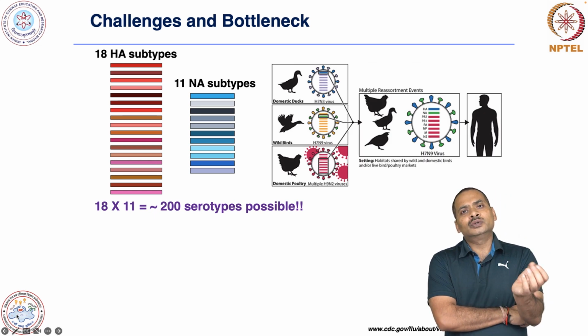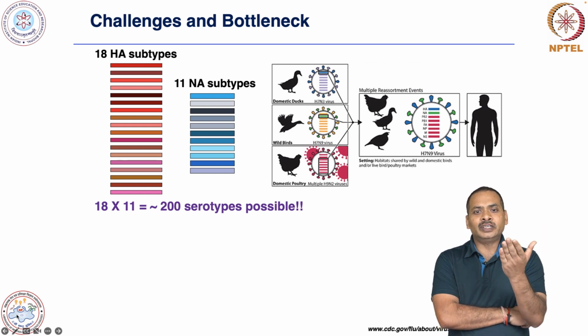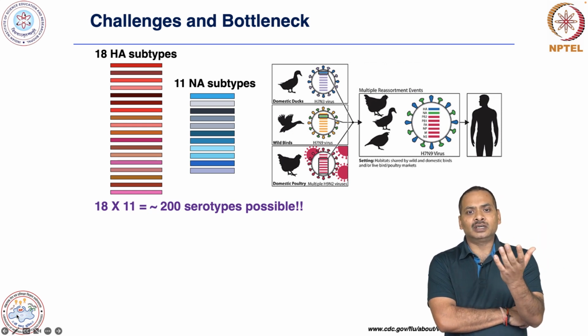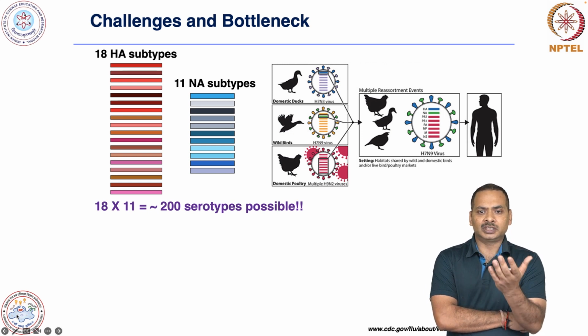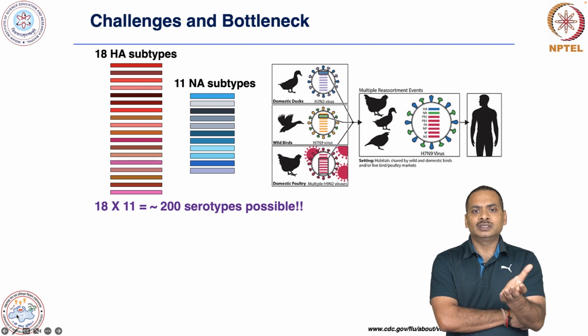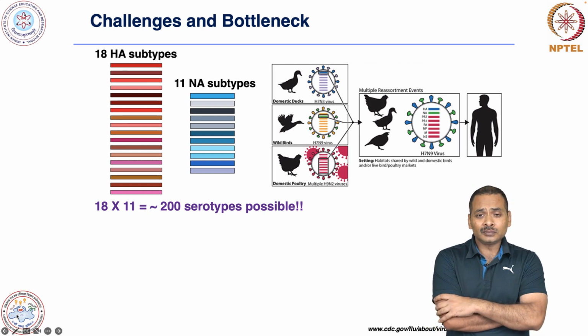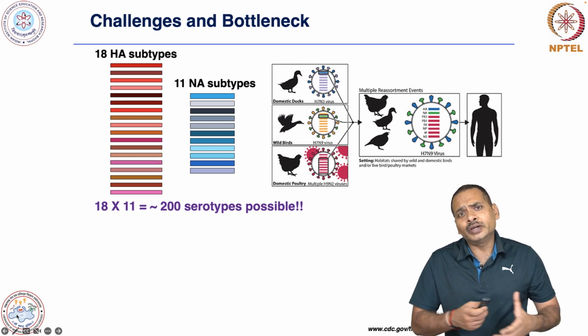And how it is created, here you can see, as I told you, there are hosts which can be infected by different influenza viruses. Here you can see a domestic duck, wild bird, domestic poultry. They have different influenza viruses, and these viruses can also infect one host.